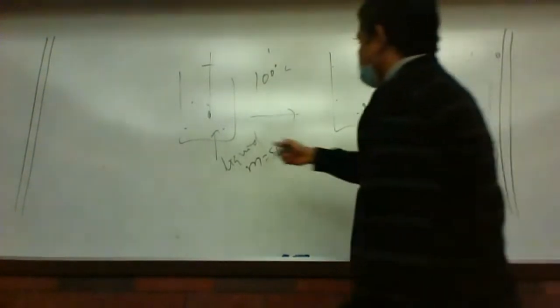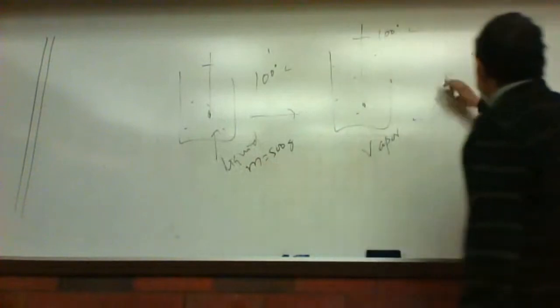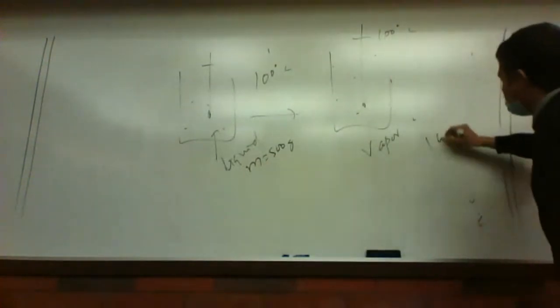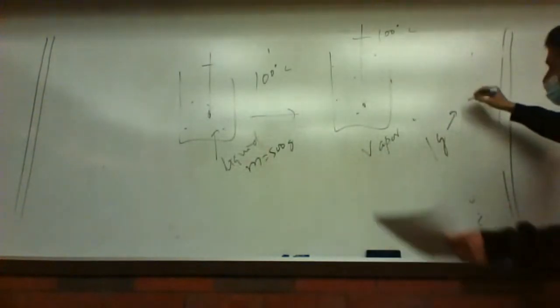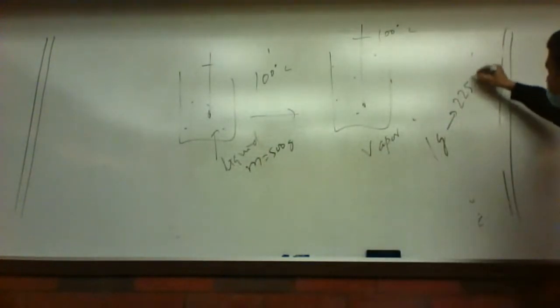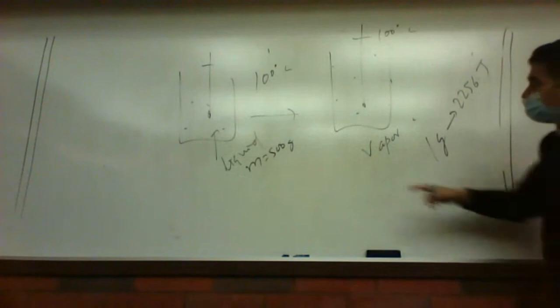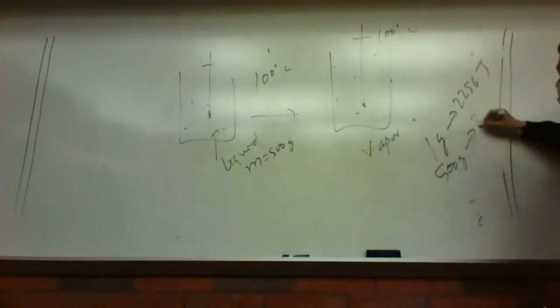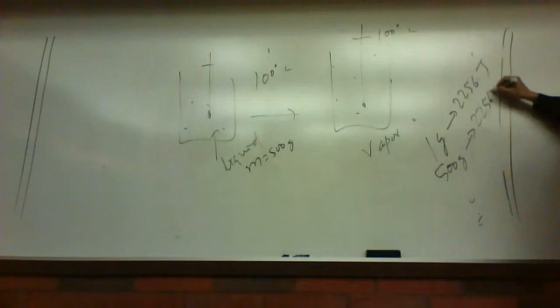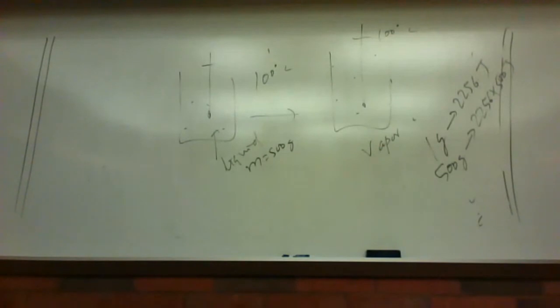But I'm taking 500 gram here, so 500 gram would take a lot of energy: 2256 multiplied by 500. You can do it this way, or you can just apply the formula.